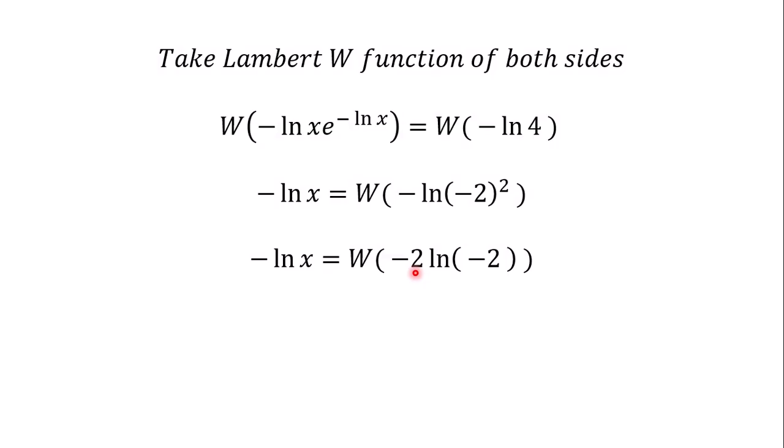Someone may ask, the other one it was to the power minus 1, but this one is minus 2, not to the power minus 1. Okay, so make sure you don't confuse yourself with it. Good. So this one can be written as natural log of minus 2 times e raised to the power natural log of minus 2.